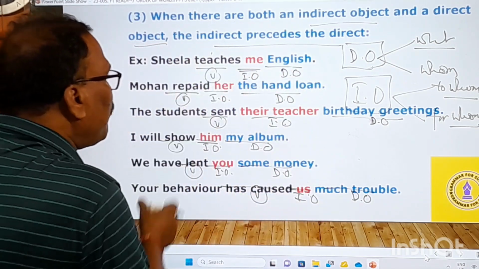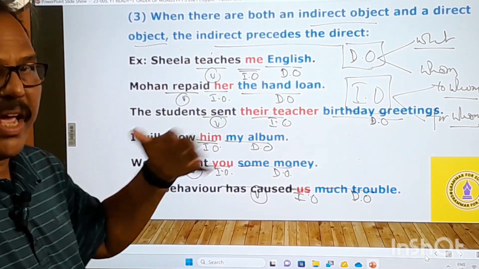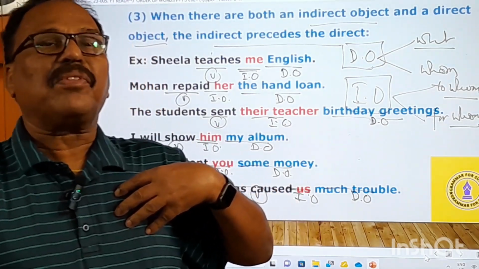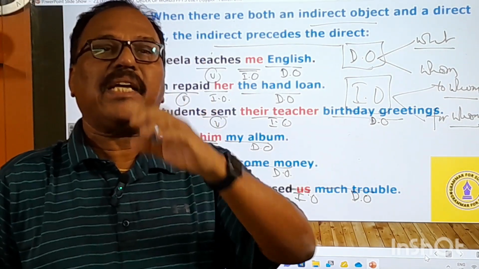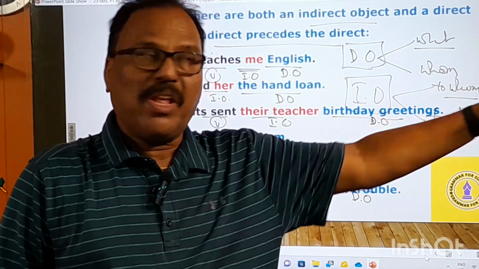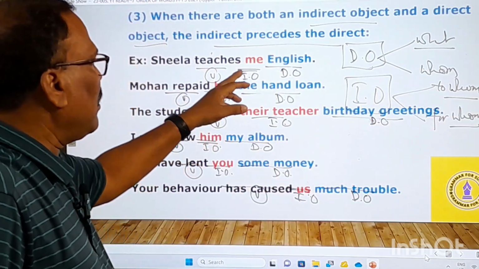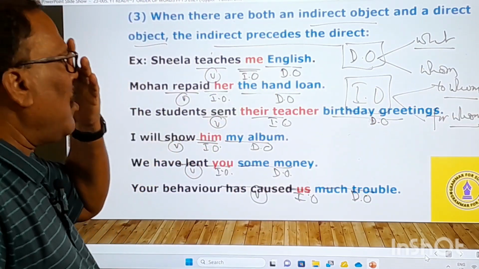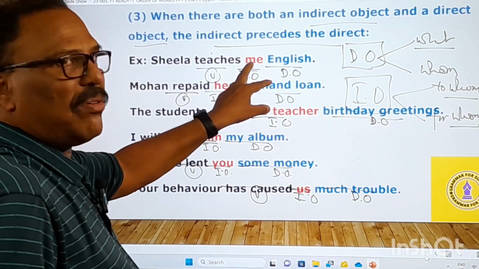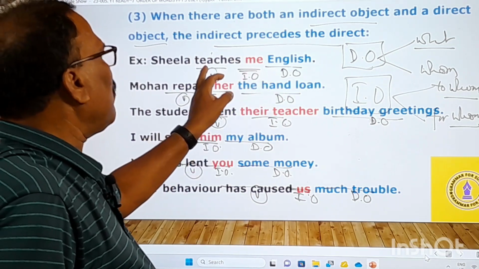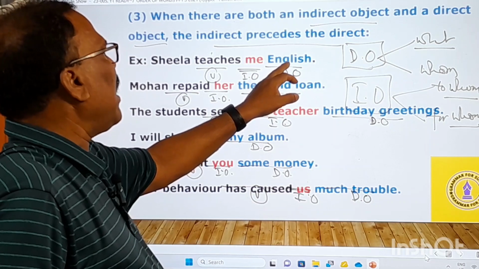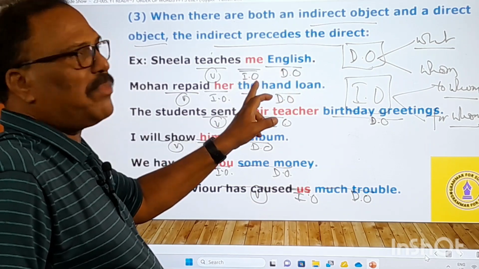Now, from these examples, you understand that there are certain verbs that take two objects after them, one is the direct object, the other one is the indirect object. So see the position of the verbs and objects. First, the direct object is placed at the end. Before that only the indirect object is placed.